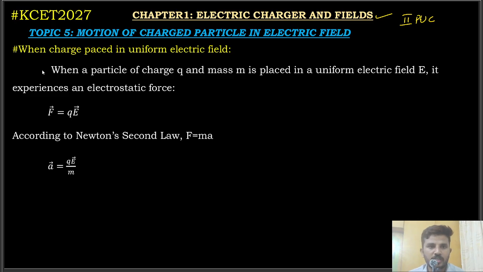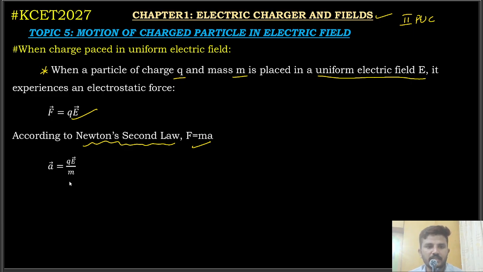Initially, let us take the case when a charged particle having charge q and mass m is placed in a uniform electric field E. It experiences an electric force, given by Coulomb force F = qE. That can also be written as 1 by 4 pi epsilon naught q1 q2 by r square, but here the electric field is given, so q into E. From Newton's law of motion, we have F = ma. If it is falling, we can take F = mg.